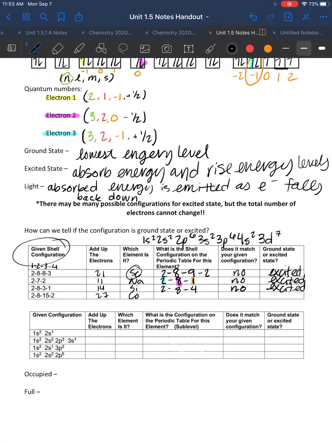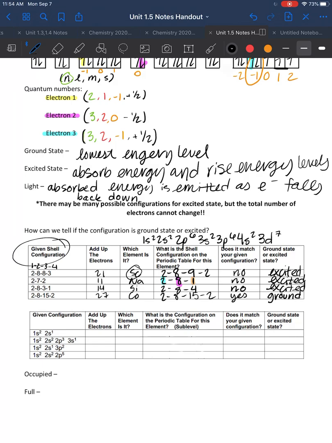Okay, so adding up for our shell, we have 2 in the first, 8 in the second. Again, this becomes a pattern if you're filling past n equals 1, n equals 2. And then for the third energy level, we have 2 plus 6 is 8 plus 7 is 15. And then 2 in the fourth energy level. Does that match? This one does. So cobalt must be at ground state.